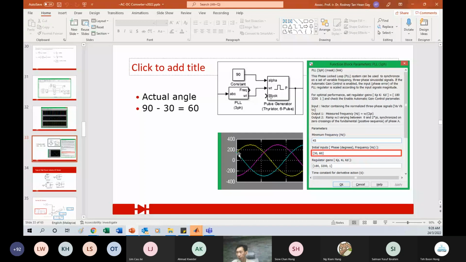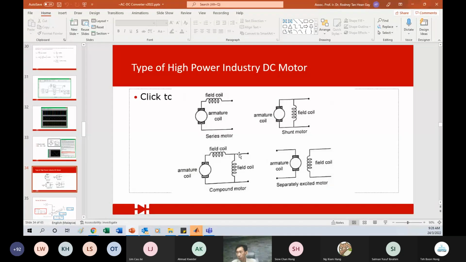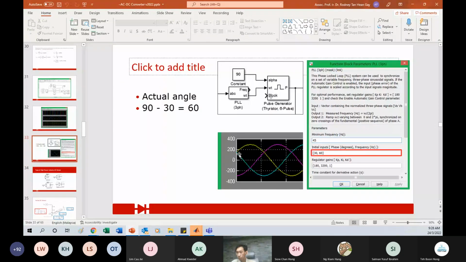Next, I think this one is next class already, this DC motor. Almost time already. Any questions? I need to sort out my team problem, otherwise it's going to be a big issue.